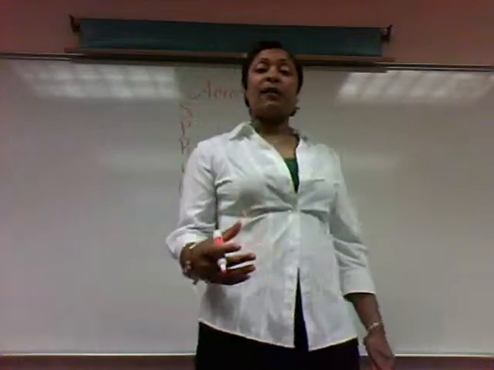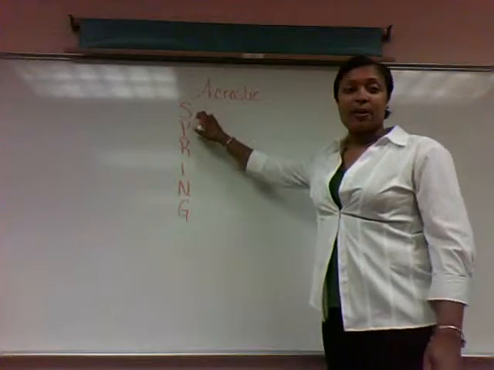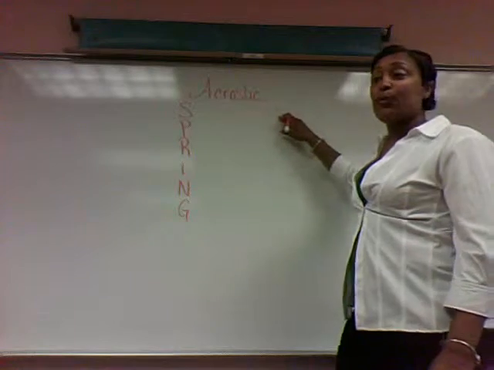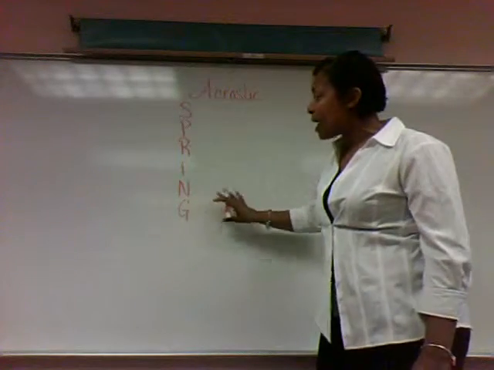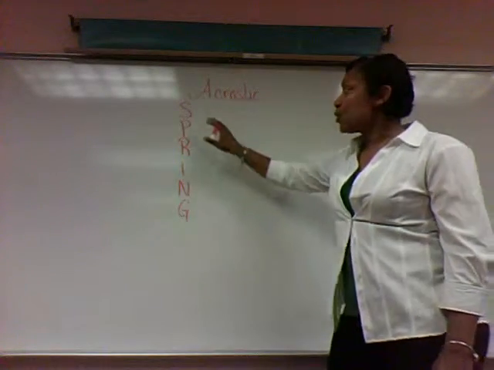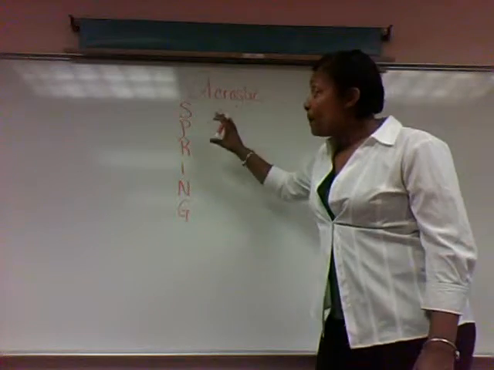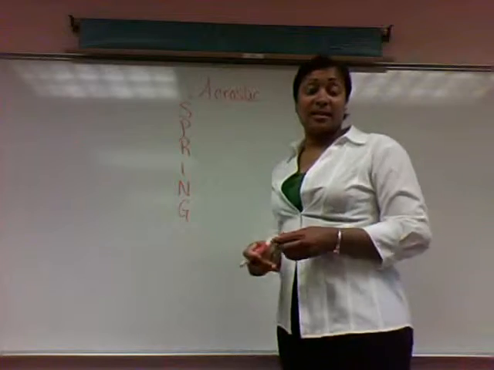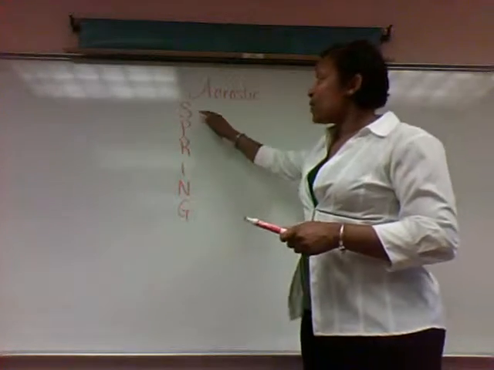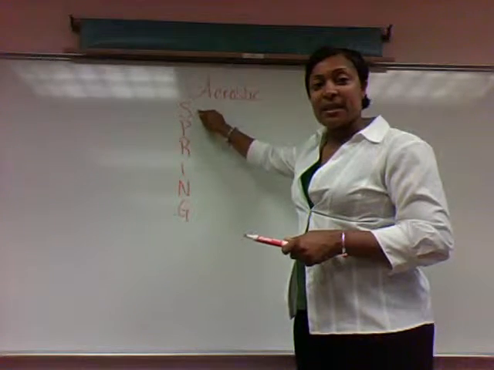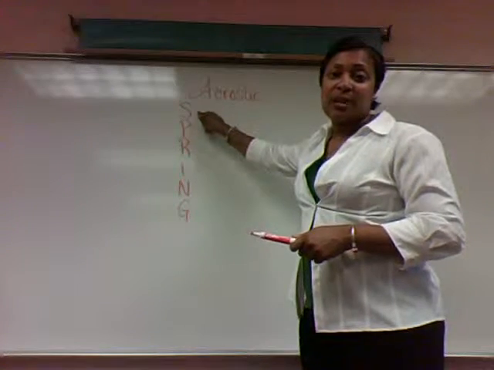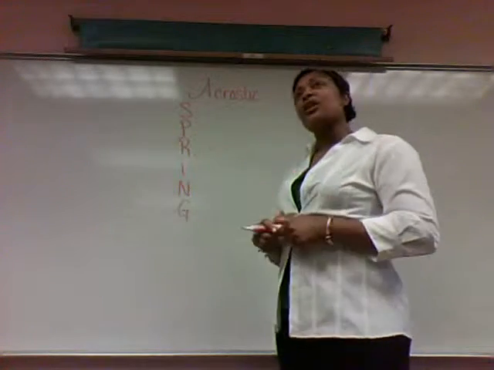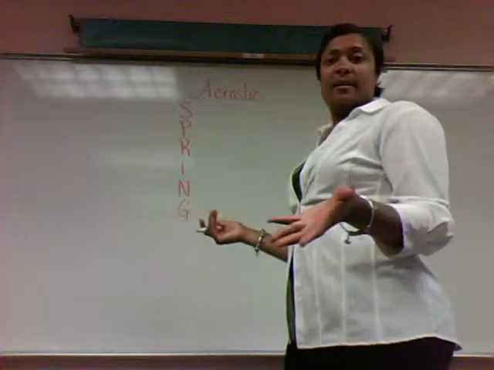Now, every first letter of the word turns into a phrase that describes spring. So every line of the poem must point back to our topic, but we're using phrases to do so. And in those phrases, the first letter of that phrase must be whatever the letter is that that line begins with. So when I think about spring, I think about sunny days.